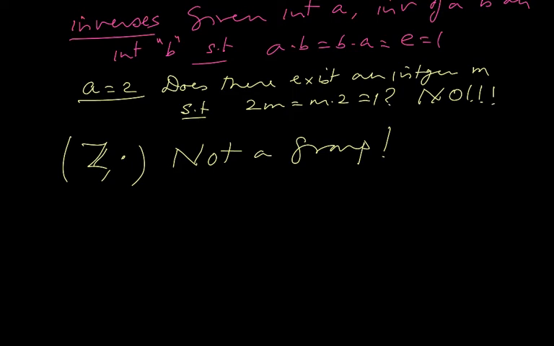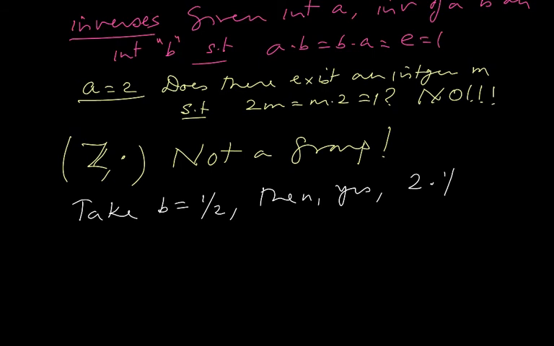But if we take B equals a half, then indeed 2 times a half equals a half times 2 equals 1. And you may ask yourself, what's going on here? Does this contradict our statement that Z with respect to multiplication is not a group? And the answer is there's no contradiction. And this is something you want to get used to.